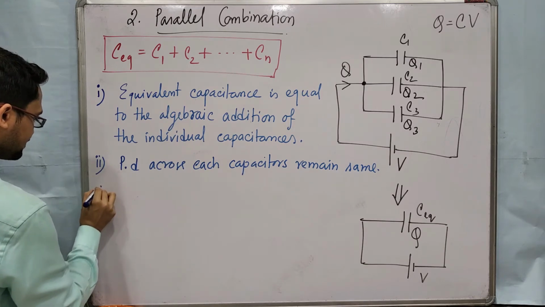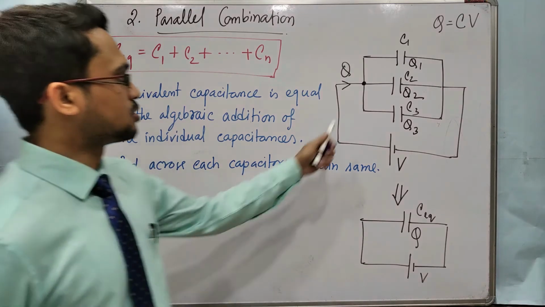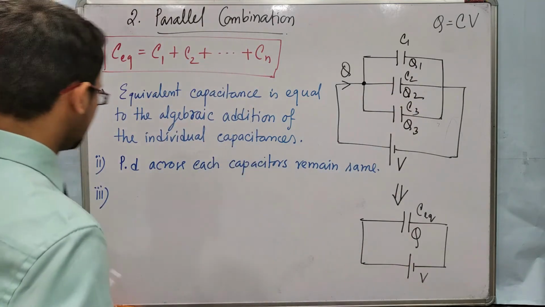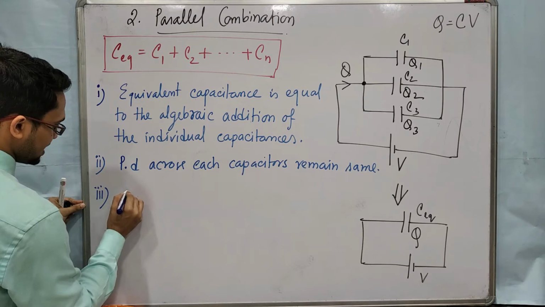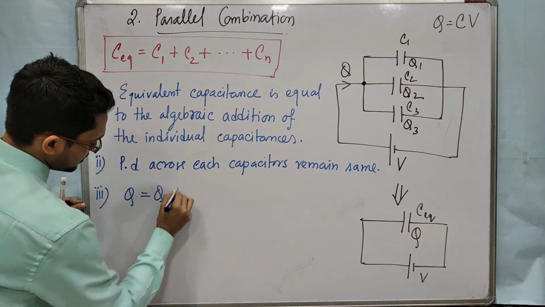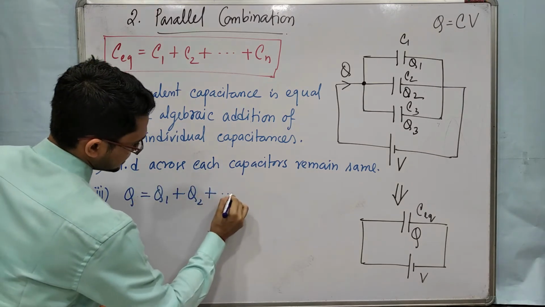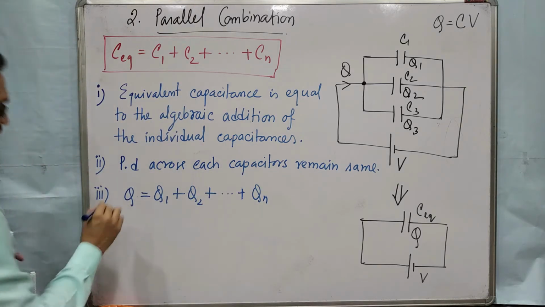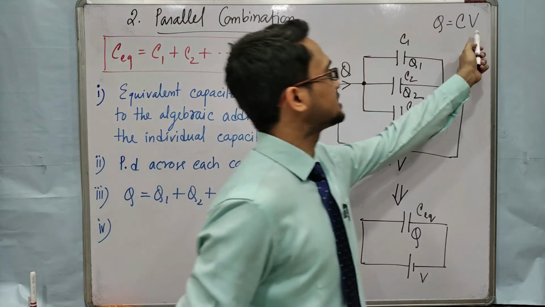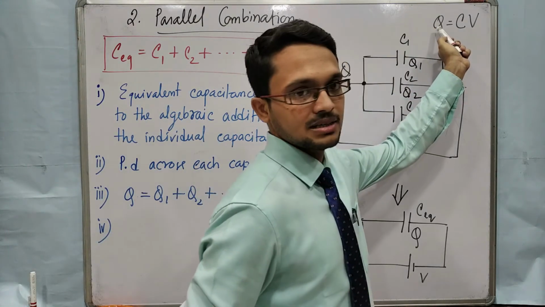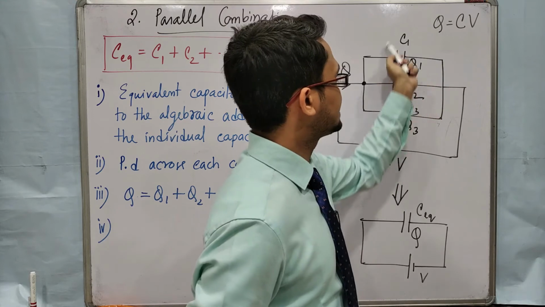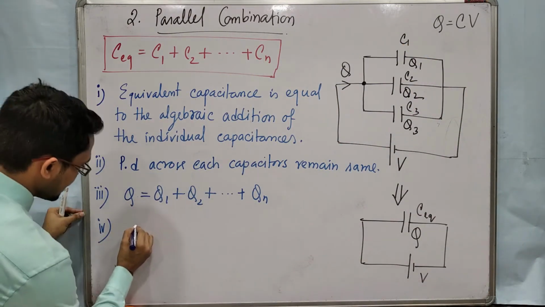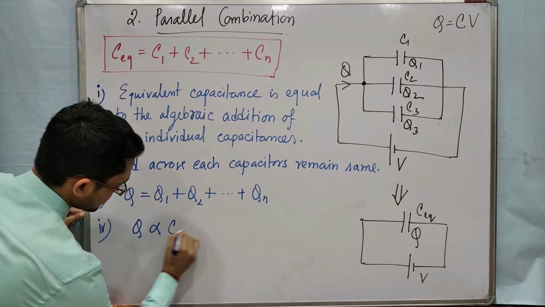Third thing is the charge: the total charge is getting divided through the three capacitors here. So total charge Q will be Q1 plus Q2, and if there are n capacitors, then up to Qn. And the fourth point we can write here: potential is constant, that means the charge stored in each capacitor is directly proportional to its capacitance. We can write Q is directly proportional to C.